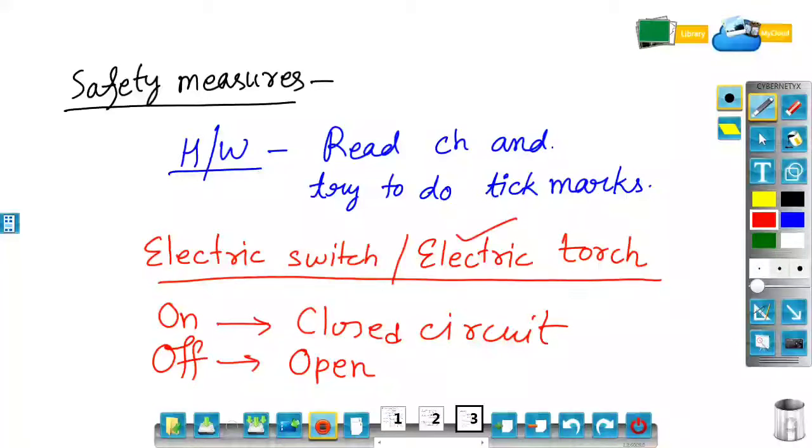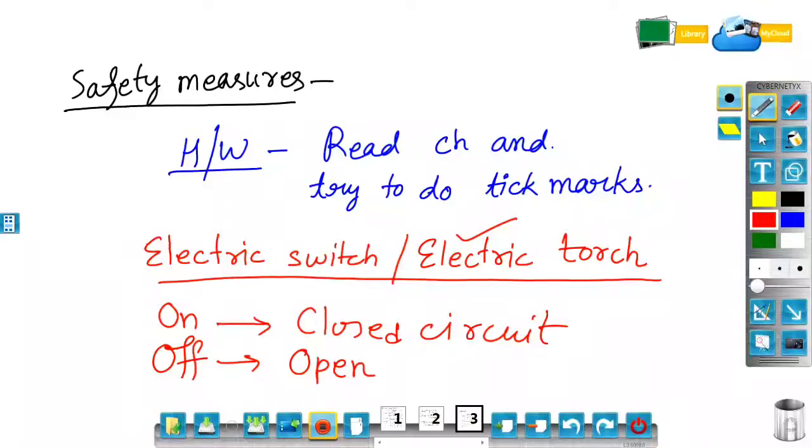We need to follow some preventive measures: do not touch electric gadgets or sockets with wet hands, do not touch electric wires with bare hands, do not insert too many plugs in one point, and do not experiment with unfamiliar electrical gadgets.